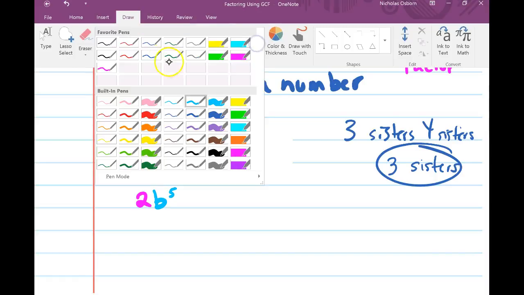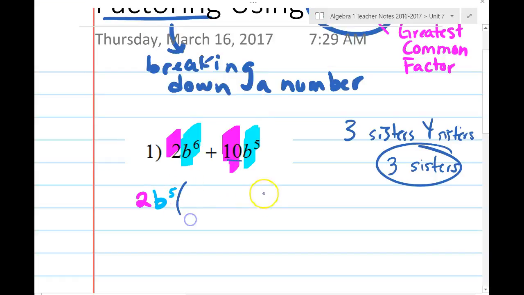And we're still not done. Now, in order for this expression that I'm going to write to be equal to the first one, I'm going to have to multiply this GCF, so remember, this is now our GCF, times two numbers in here so that it will equal this. Okay? And I'll show you how to do that. So here, I have to find a number that when I multiply by 2, I will get the original 2.